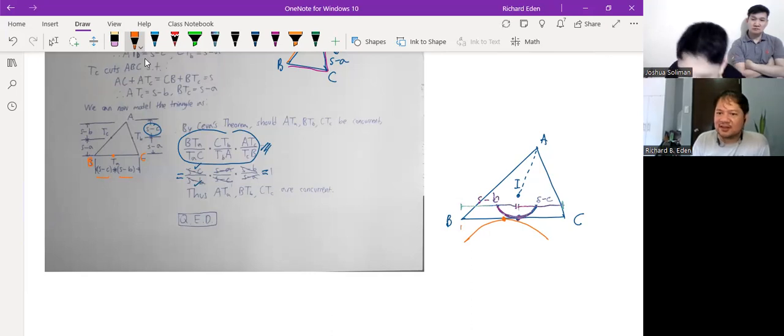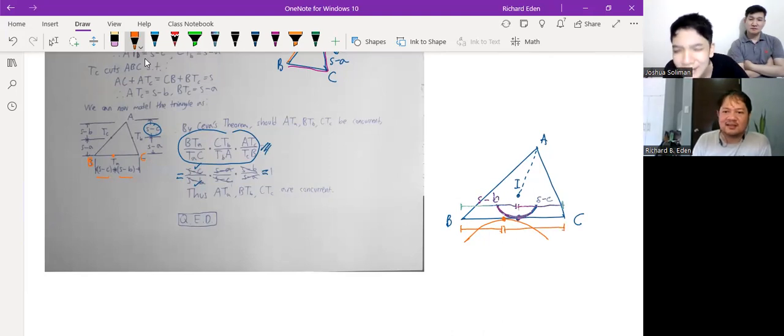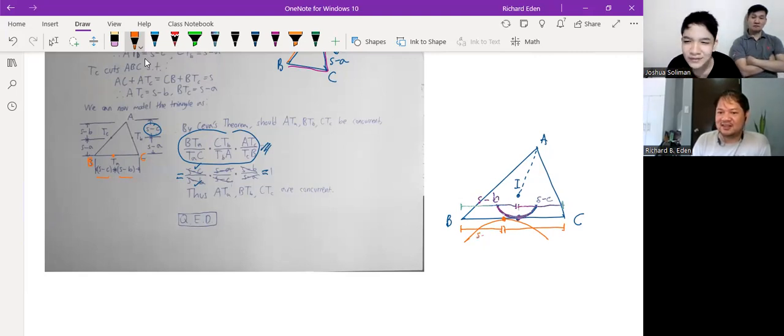Since they are the same, the midpoint of the side is the midpoint of the excircle touch point and the incircle touch point. So the midpoint of BC is the midpoint of the in-touch and ex-touch points. The length BC should be the same. So if this is S minus C and then this is S minus C, then the partner segments should be equal.